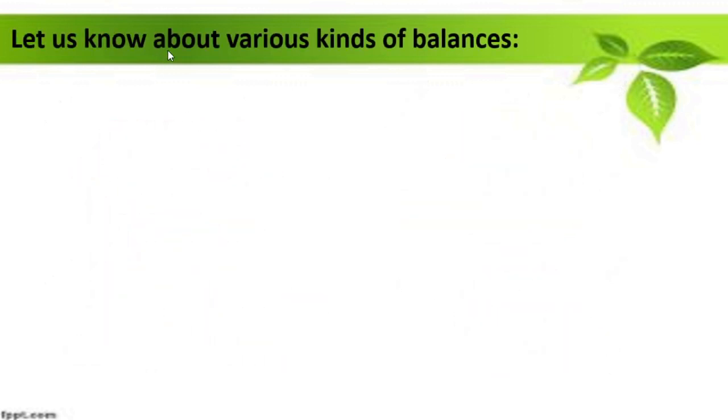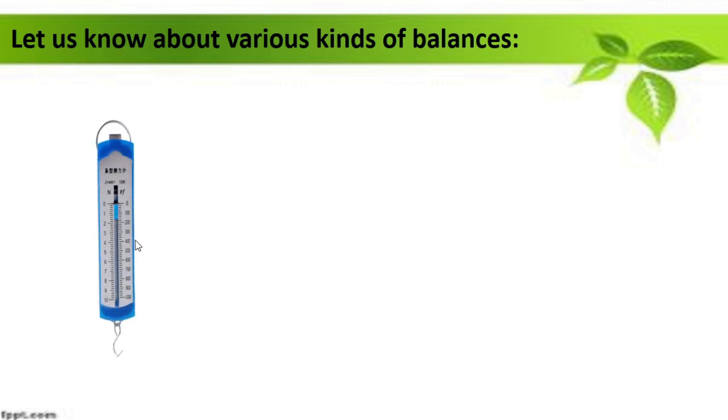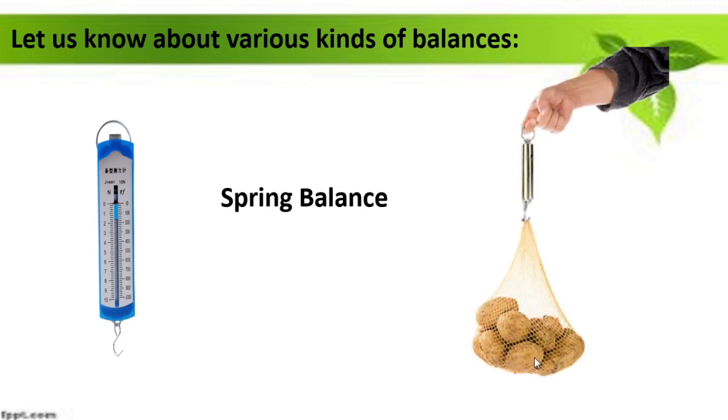Now let us know about various kinds of balances. Yes, dear children, there are different types of balances we use in our day-to-day life. See this? Yes, here this is called a spring balance. Okay, see how we use this.